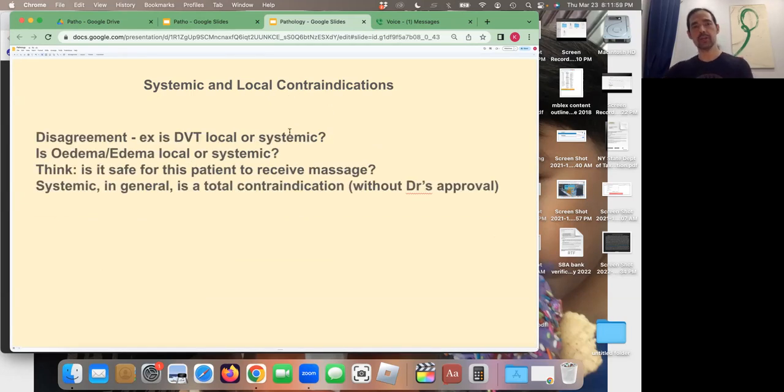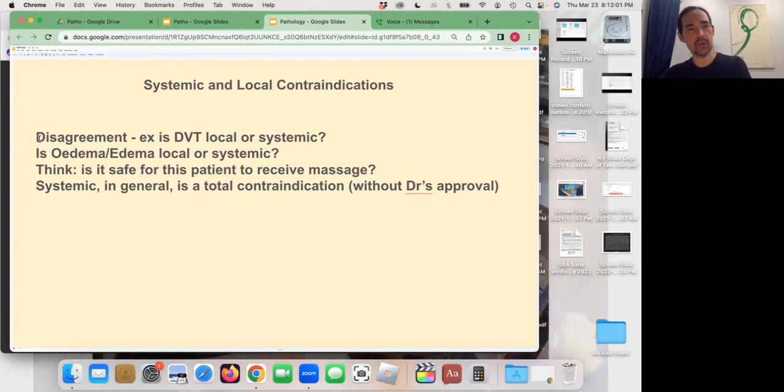So, systemic and local contraindications. There's always some disagreement about some specific things. I'm going to try to help you keep it simple and help you discern which side to lean on, whether to call something local or systemic, whether to say something is totally contraindicated, or maybe it's okay with a doctor's approval.